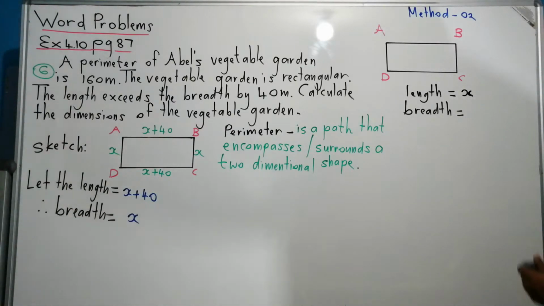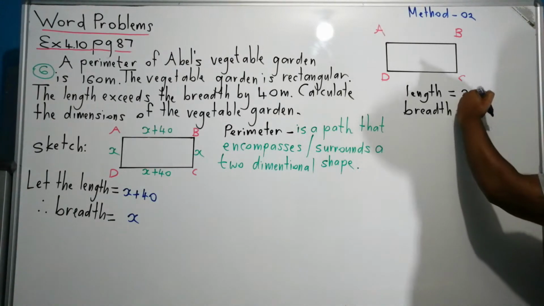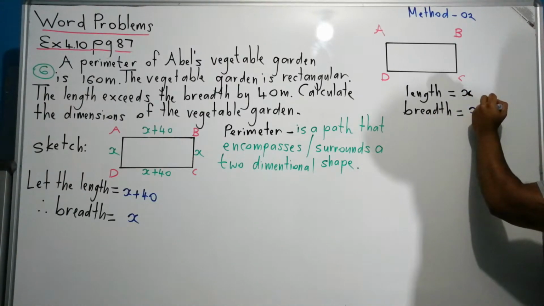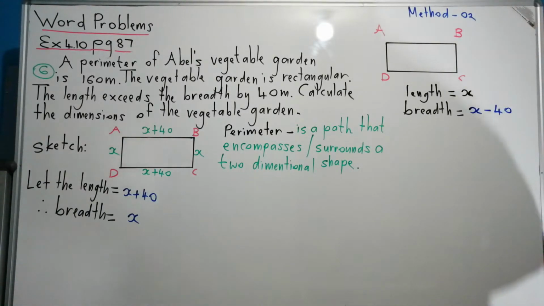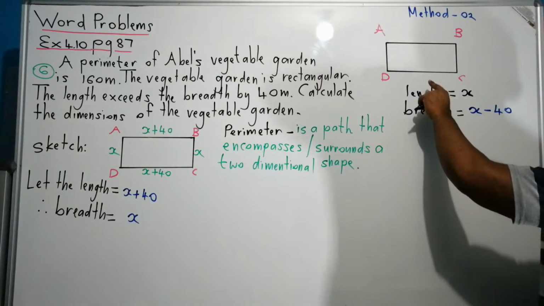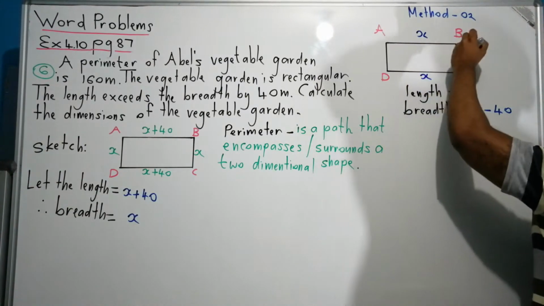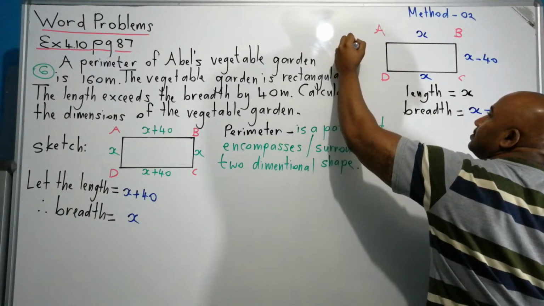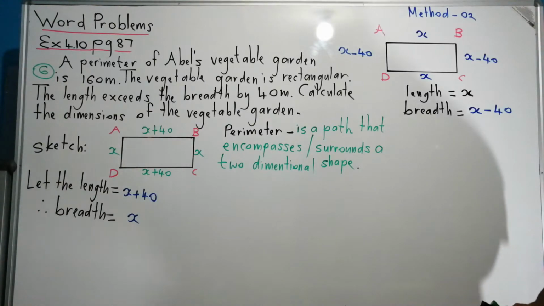That means the breadth will be 60. So if I'm starting from the length, then to work out the breadth, it's going to be 40 less than the length. It depends on how you begin. So in this case, my length is x, opposite sides are equal, and the breadth will be x minus 40. That's labeling the sides in terms of a variable x.